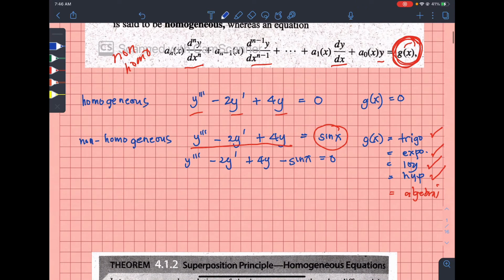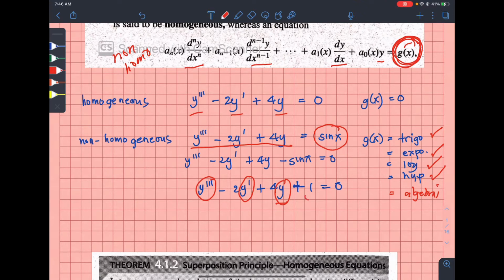There are some instances, for example, if I would have y triple prime minus 2y prime plus 4y plus 1 equals 0. As you can see here, sometimes we are tricked with this one. There is a dependent variable y, as well as its derivatives y prime and y triple prime.